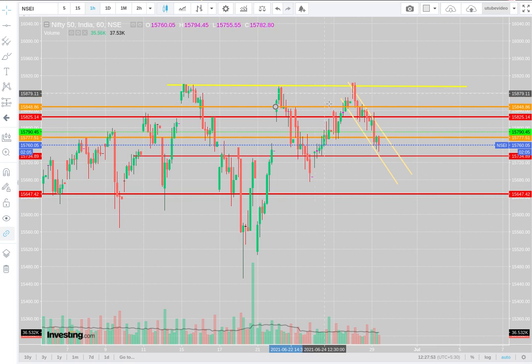Here you can very well see that there are a lot of big red candles coming in, and then Nifty is trying to take a support over here.